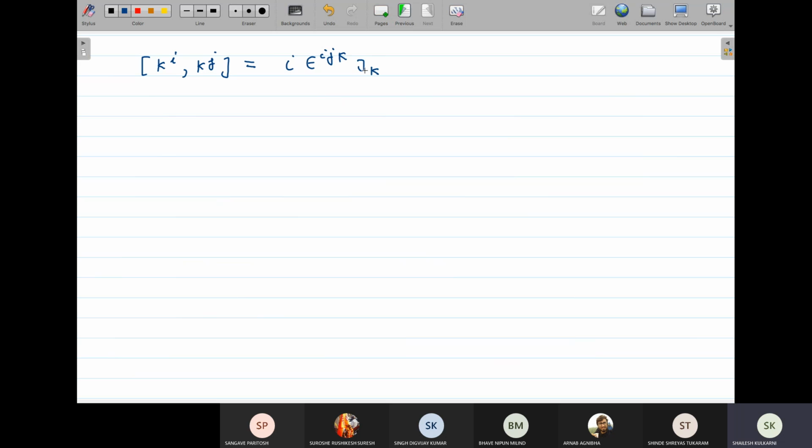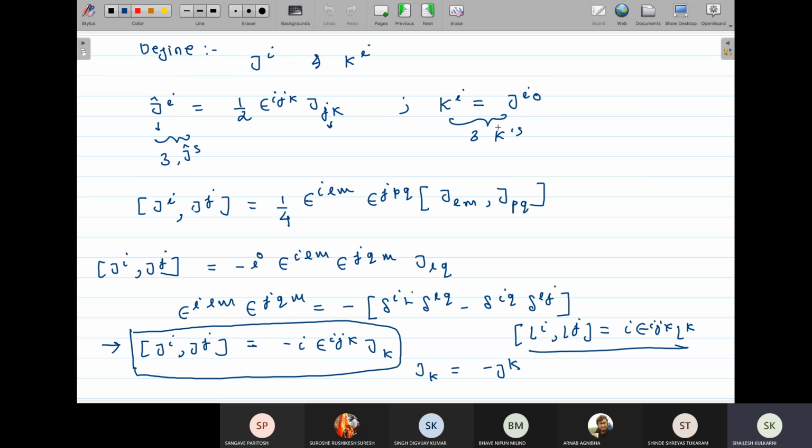Note that it's not Kk, it's Jk. So the commutation between Ki and Kj gives you Jk. But what is this Ki? If you notice, Ki is defined through Ji0. And what does this Ji0 roughly represent? We have seen J10, or J01, represents what?